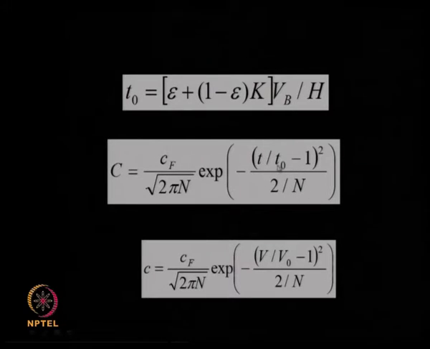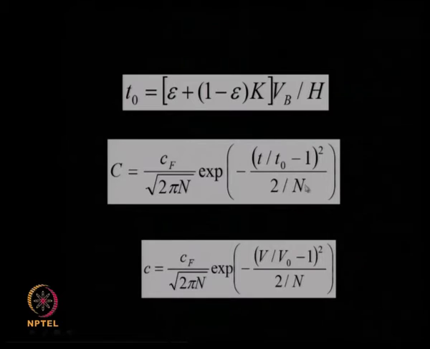Now instead of T naught, the elution time, we can also use elution volume. That is, instead of T we can substitute V, so we get V by V naught. V naught is the maximum elution volume, the volume at which you get the maximum in that peak. So these two equations are very useful.